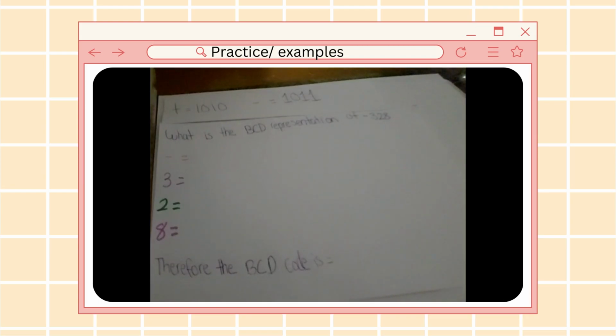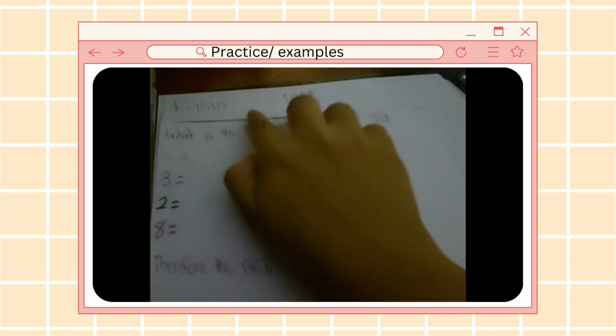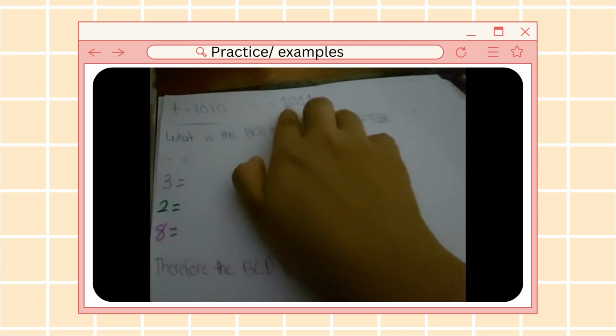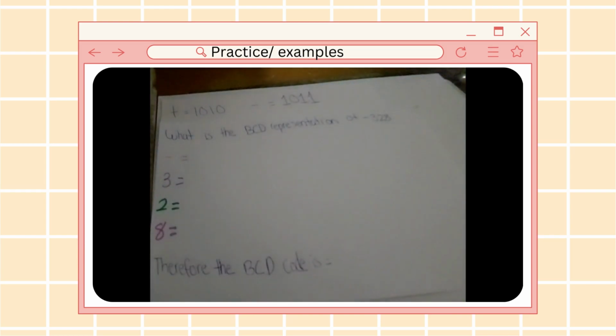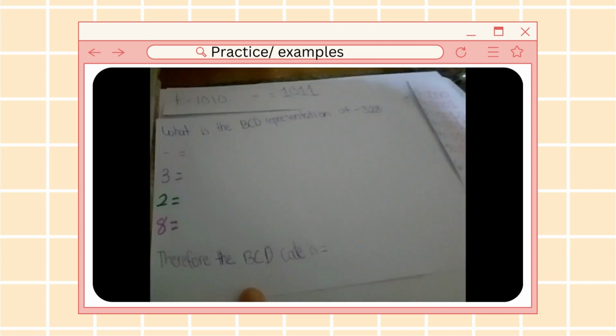Now, for binary coded decimal, we must remember that positive is represented by 1010 and negative is represented by 1011. We must also remember that the BCD uses 9 decimal digits, to be exact.